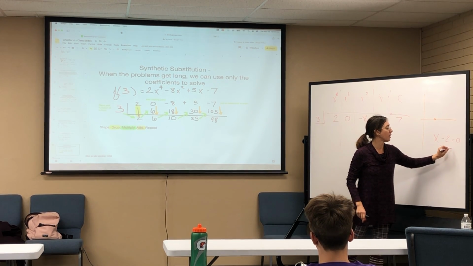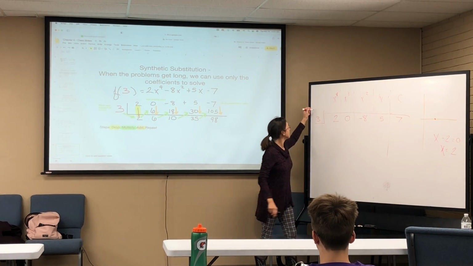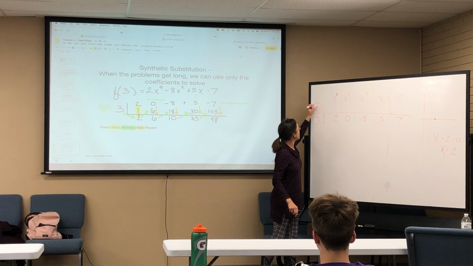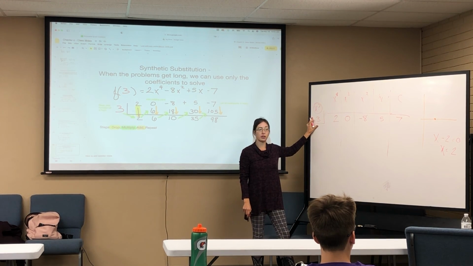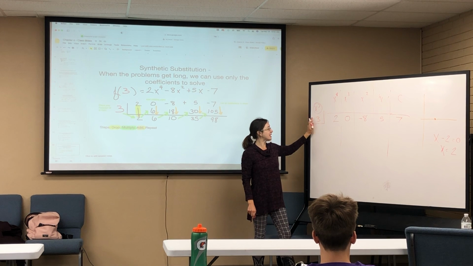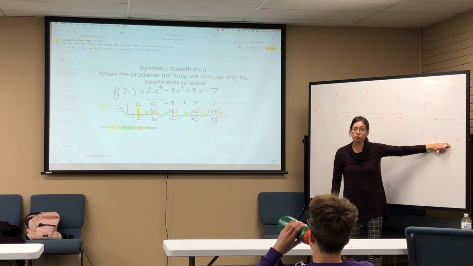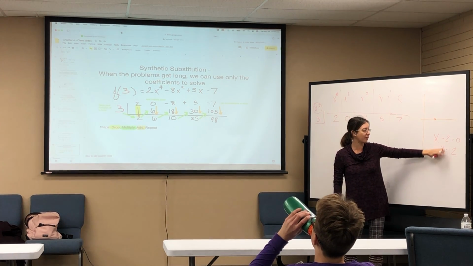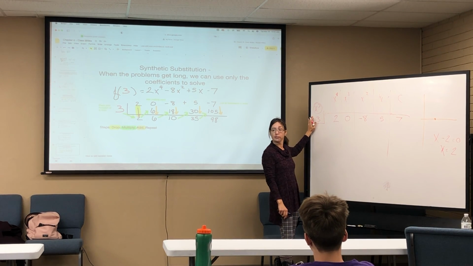X would be positive 2. Okay? So the question that we're putting in this box is what is x? This is what we're solving for. So if they tell you the number outright, you get to put the number in there. If they tell you the number in some sort of little binomial like this, you might have to solve for x first before you know what number to put in.